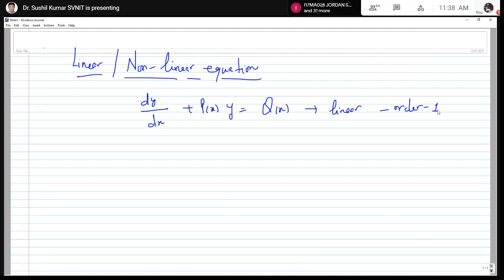Degree of the differential equation should remain 1. dy over dx square plus, so this is linear equation.